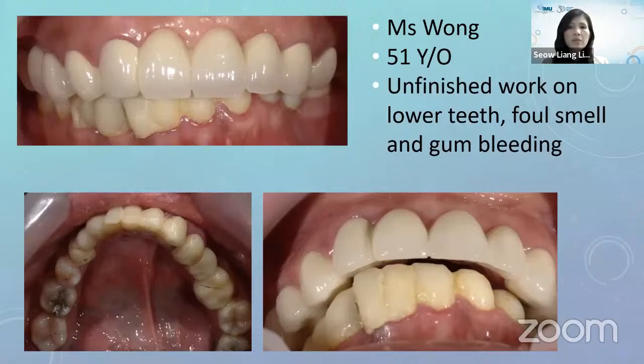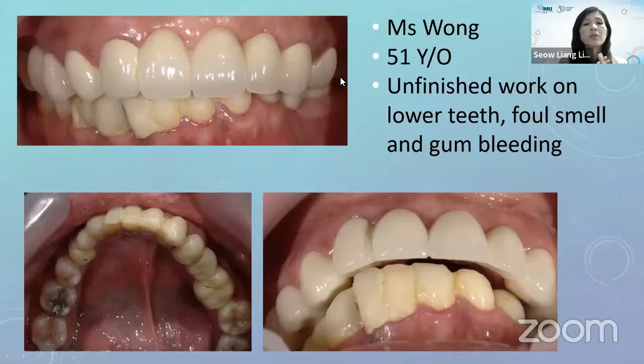So another case, Miss Wong, she came to me with an unfinished lower prosthesis. All these lower teeth from 3-6 up to 4-5, 4-4 are all in provisionals. The upper teeth have been done actually.